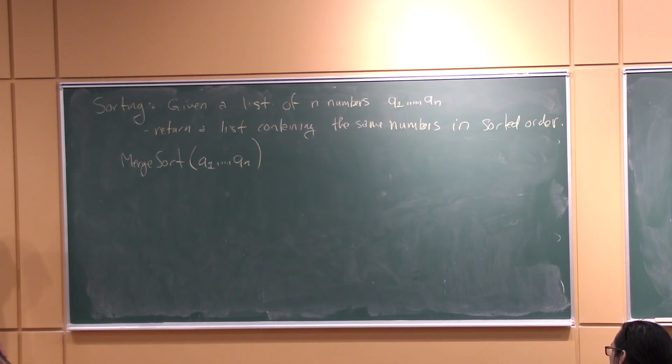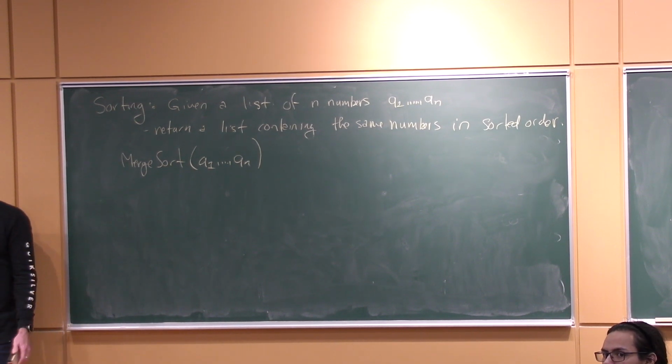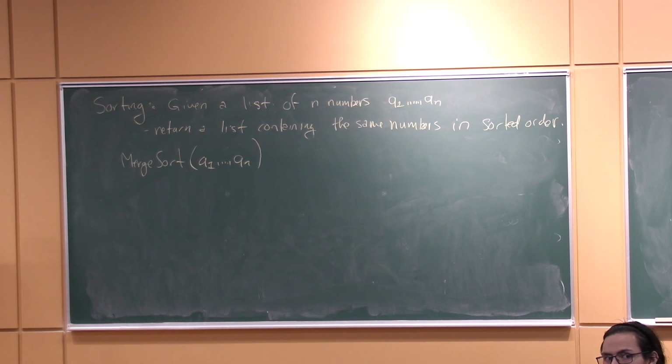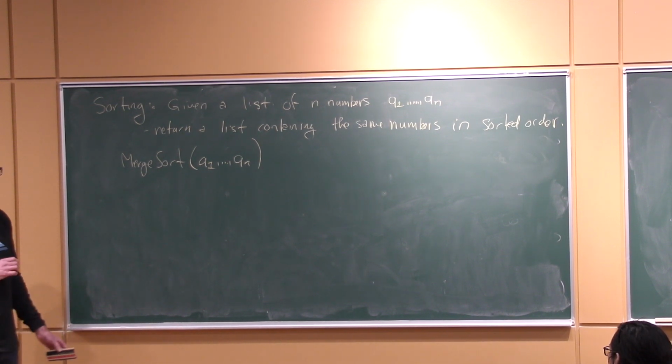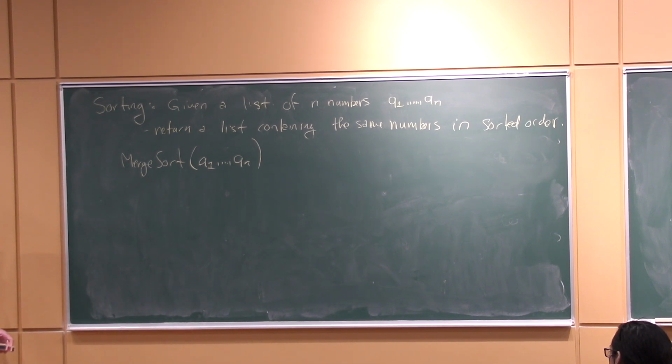It's a recursive algorithm. So like inductive proofs, recursive algorithms have two parts. What's the first part, the one that you should make sure you can deal with easily? If the list is of size 1, or if the list is of size 0.